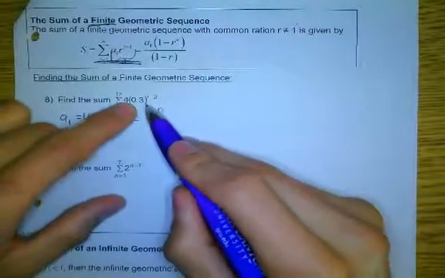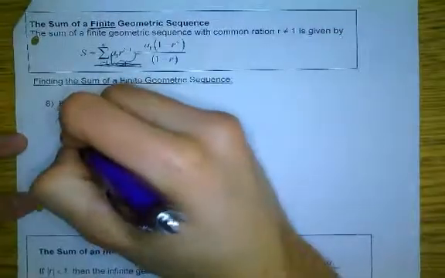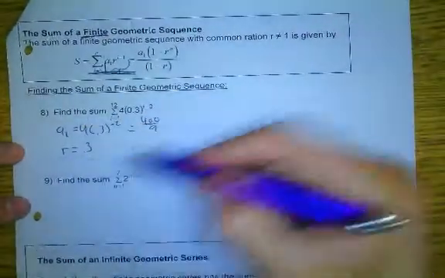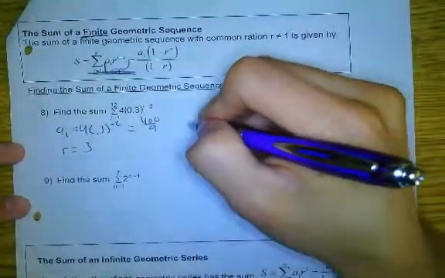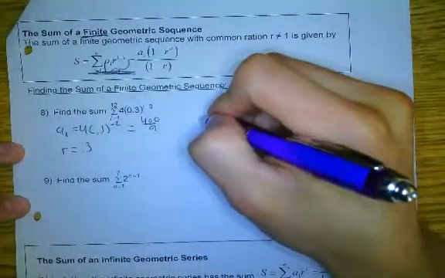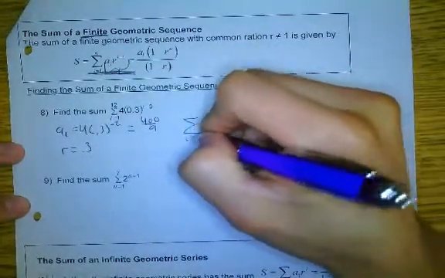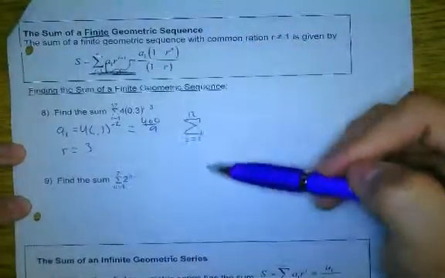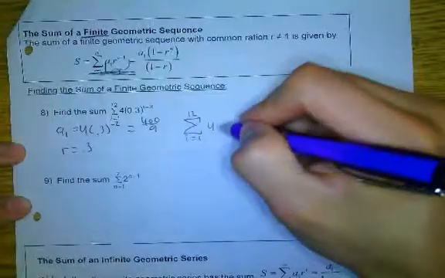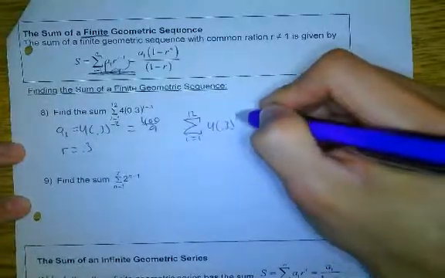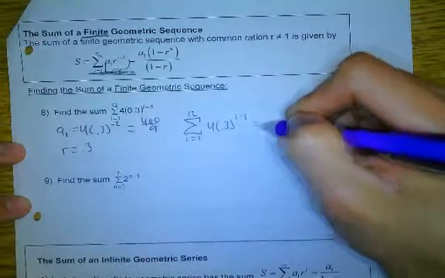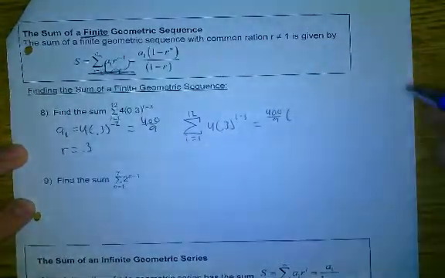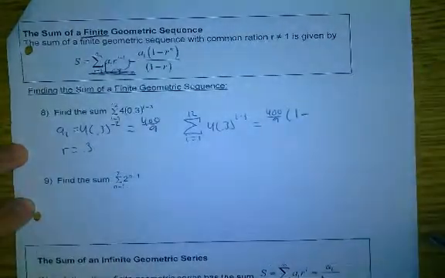It says that the sum from the first term to the 12th term of 4 times 0.3 raised to the i minus 3 would be, in this case, your first term, which is 400 over 9, times 1 minus your rate, which in this case is 0.3, raised to the nth power, which in this case happens to be 12, all over 1 minus 0.3.